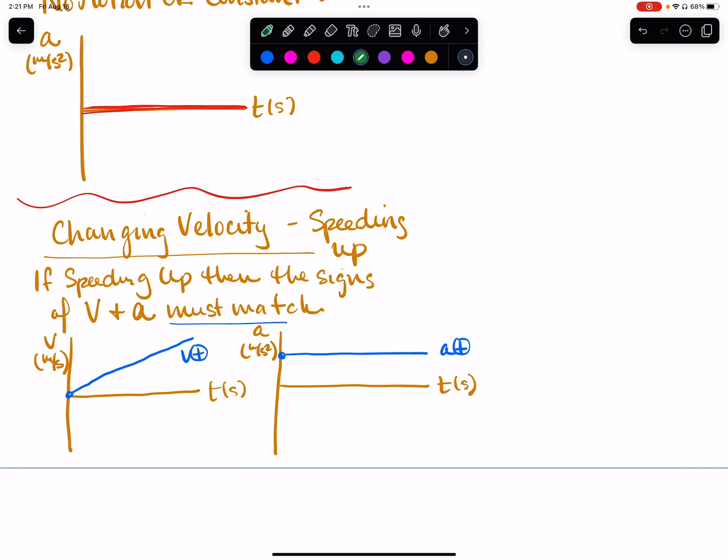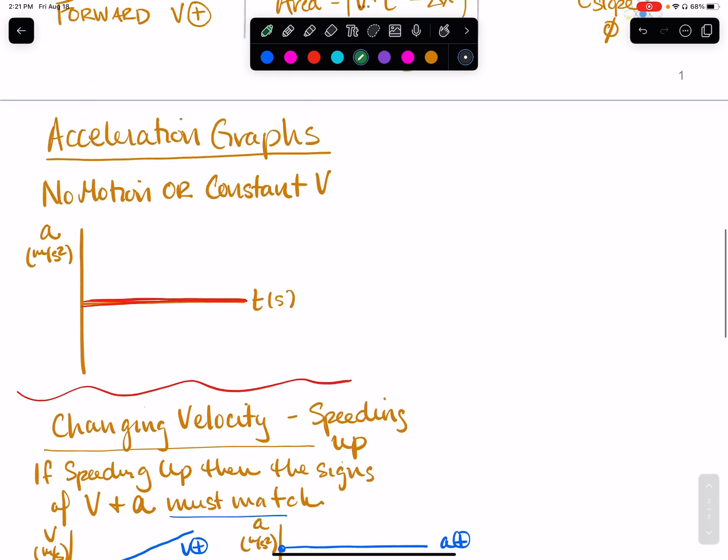Now if instead we're speeding up but moving backwards, then we'll have our velocity values below the 0 line, indicating they're negative, and our acceleration value should also be negative. Again, the signs need to match so that we indicate speeding up. The value of acceleration will be equal to the slope for our velocity versus time graph. All right, so this is what our graphs would look like for speeding up.